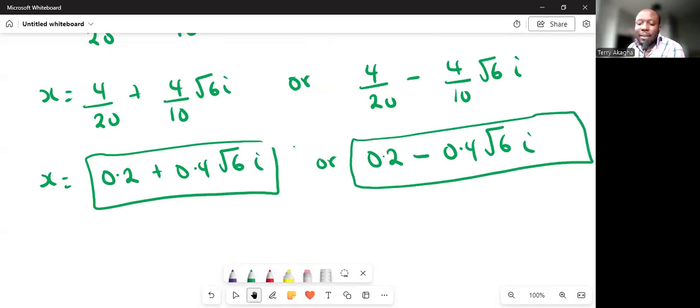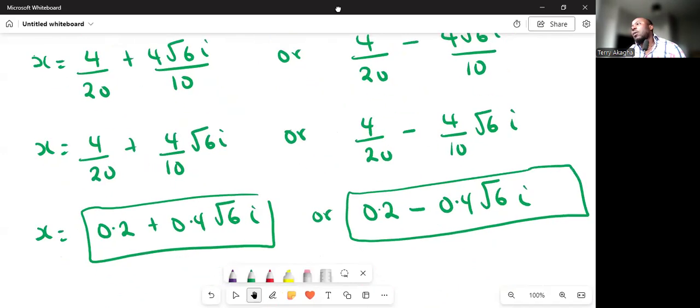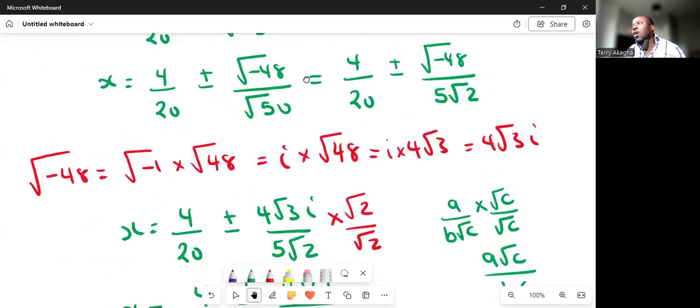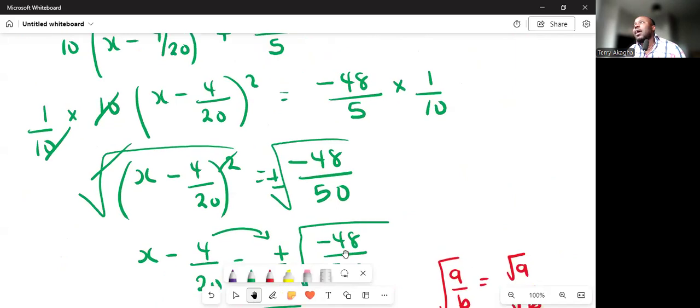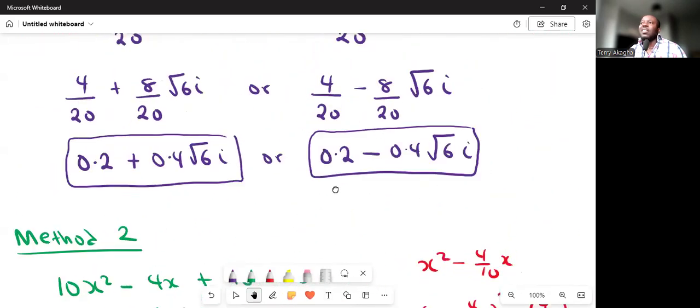And that is how you solve questions like that. You can see I decided to use completing the square, which is a little bit longer, and I got the same thing as when I used the quadratic formula. I told you in that series that the quadratic formula is derived using the completing the square method, so you can use both of them.